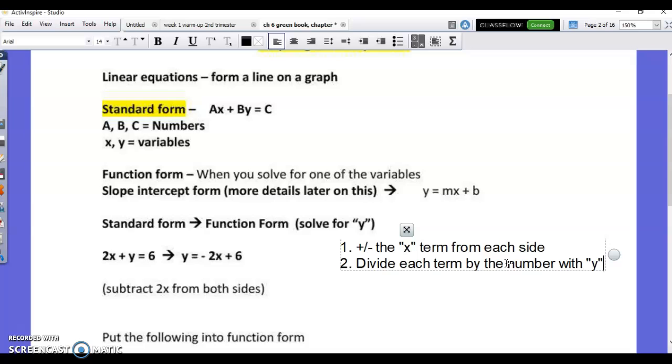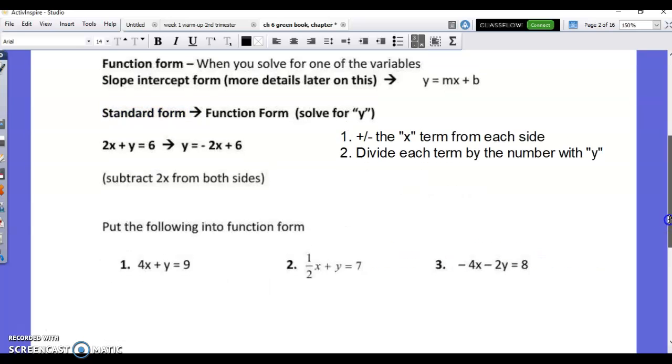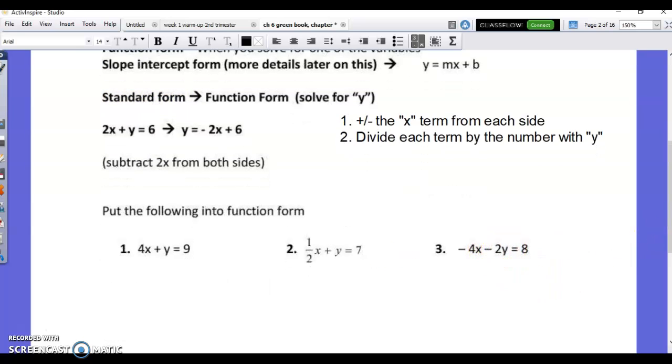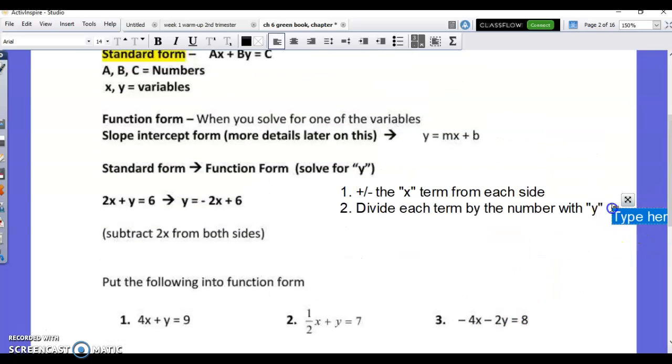Unless it's a fraction, then we would multiply, but for the most part, you're going to divide each term by the number that is with y. In this case, y had a 1 with it, but in our sample problems, you can see down here, this has a -2 with it, so that would be that last step. All right, and we want to do it with each term, and I'll show you that as we go through these sample problems, and I'm going to add an extra problem on that.